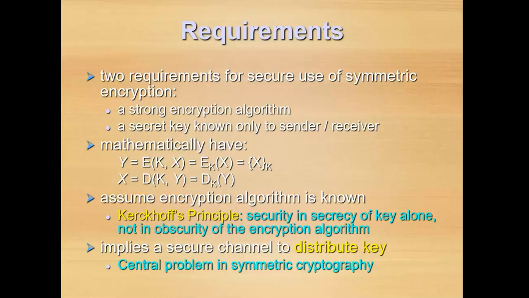There are two main requirements for symmetric encryption. The first one is which algorithm are you going to use; a strong encryption algorithm is required. And the second one is how we can make the secret key known only to the sender and the receiver. Mathematically, we represent this as the cipher text Y equals E_k of X, where X is the original message.